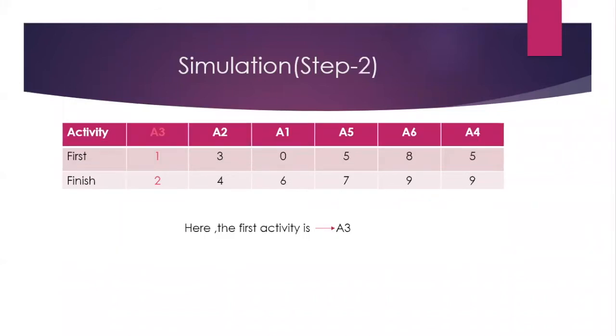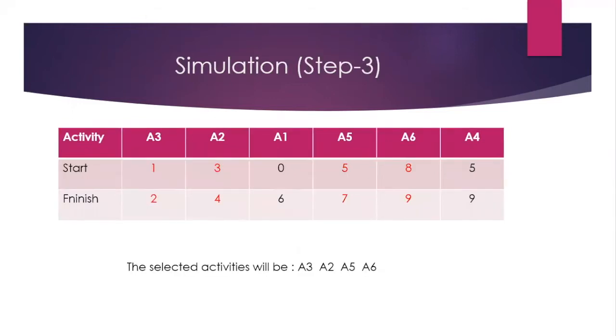At step 2, as we know, we have to select the first activity which has the least finishing time. As the A3 activity has the least finishing time, we will select it and print it. At step 3, as we know, we have to select those activities whose start time is greater than or equal to the finishing time.